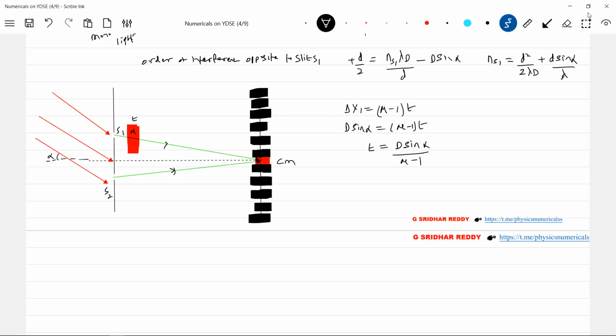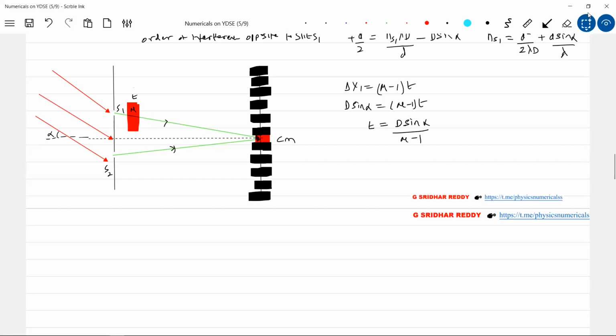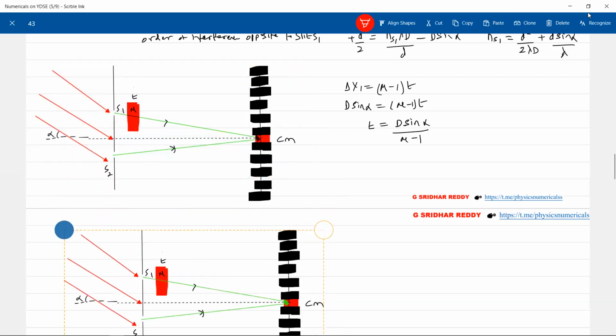Now what happens if a student accidentally, instead of placing the slab here, places it here? Can happen, no? In the lab, students may do like this.